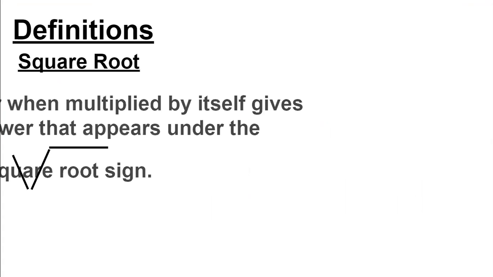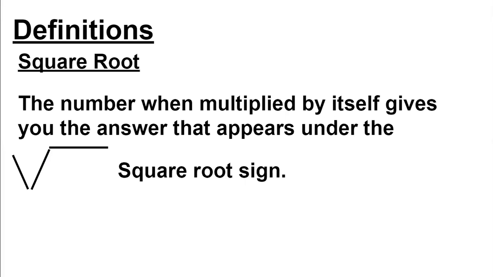What is a square root? You see the symbol there on your screen of a square root. It is the number that, when multiplied by itself, gives you the answer that appears under the square root sign. So it's just the opposite of squaring a number.